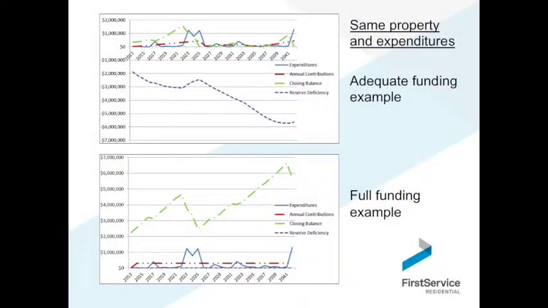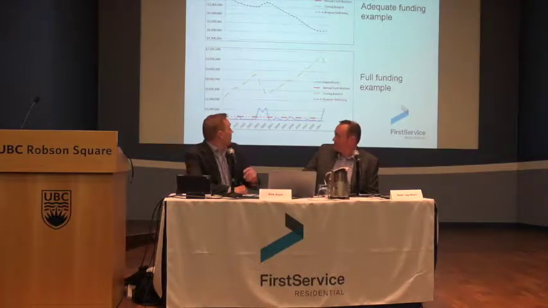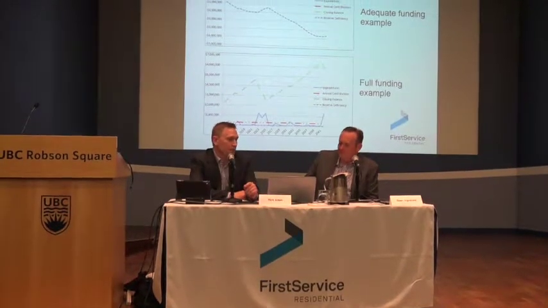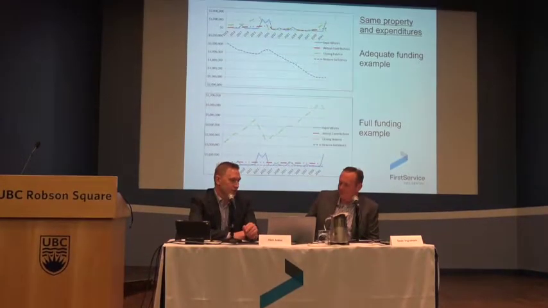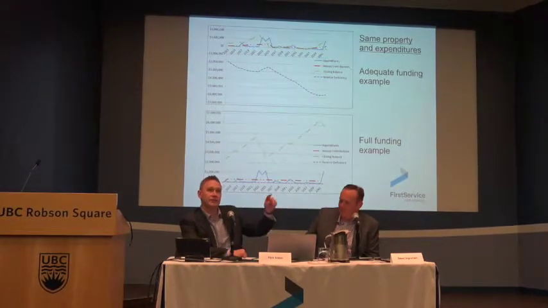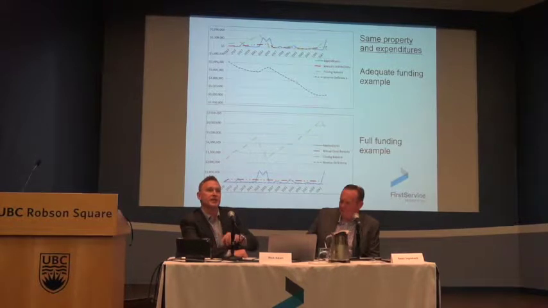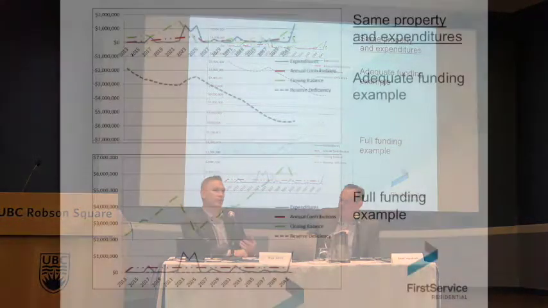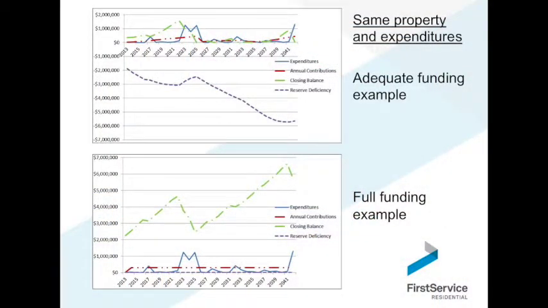So this is the same property and the same expenditures. The top model is the adequate funding model. You'll notice that purple line that just dives and dives and dives. That's an imaginary deficiency called the reserve fund deficiency. So that's from a hypothetical fully funded position, that's how much money you're short.